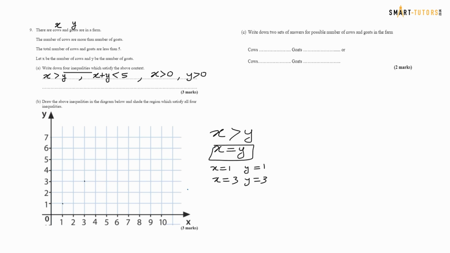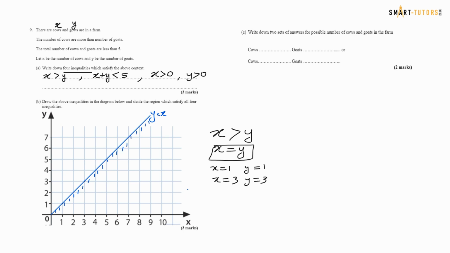Let me change the color. That is the straight line which indicates x equal y. Now x is greater than y, so that means y is smaller. Smaller means below, so the shading has to be below this line. So we have done pretty much the first part of the question.